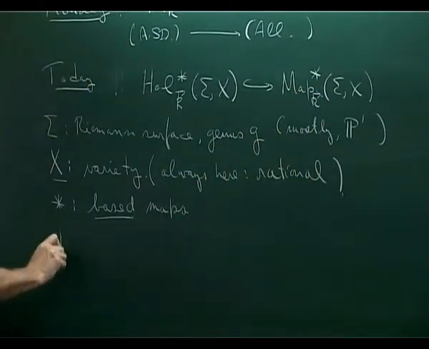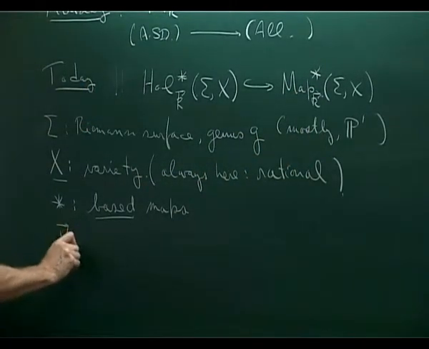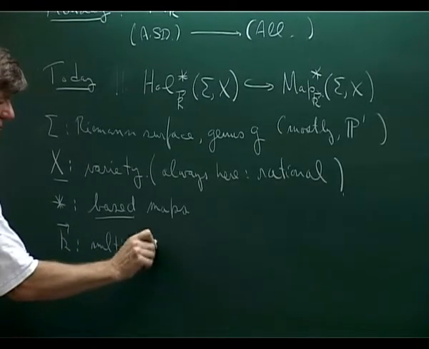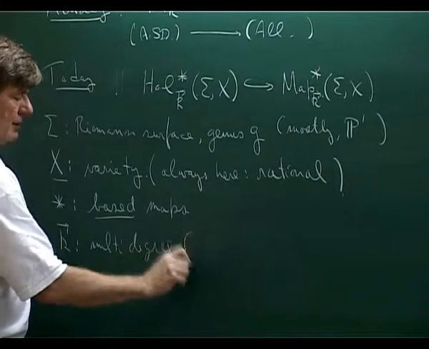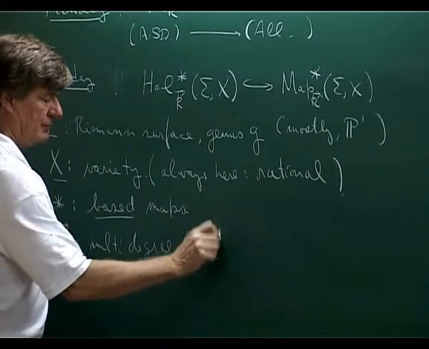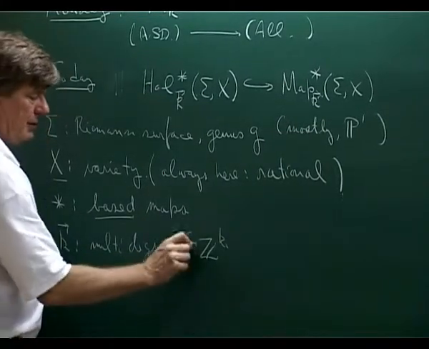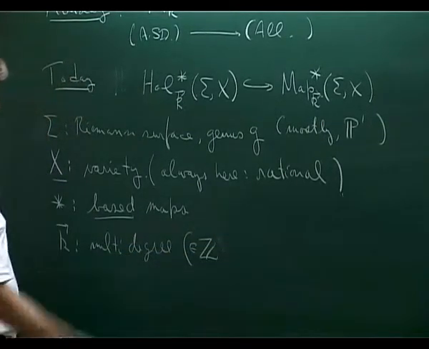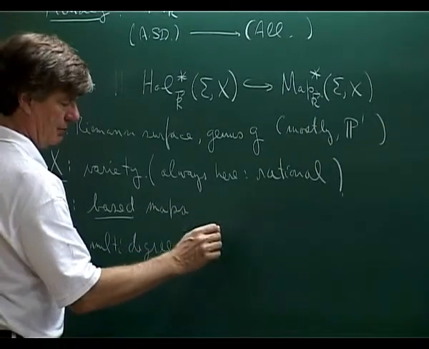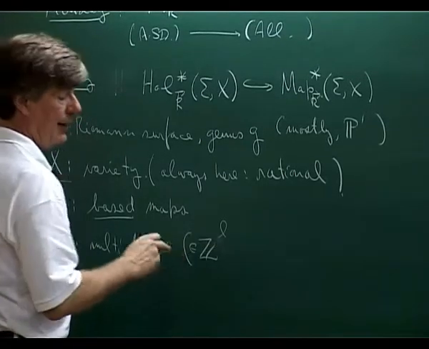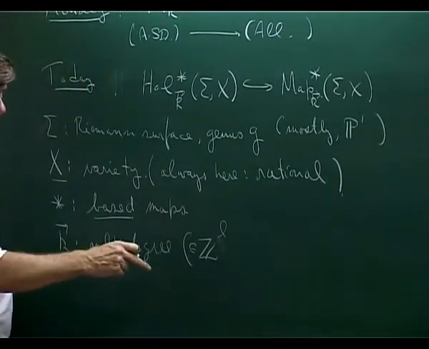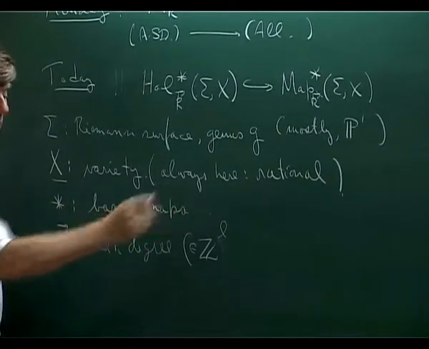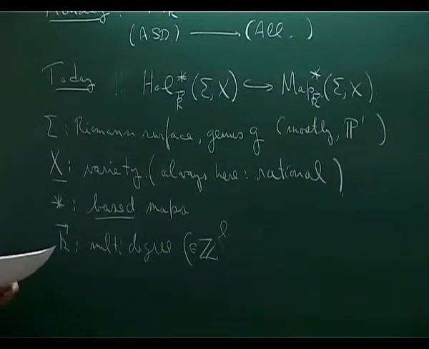K is going to be a multi-degree, typically lying in Z to the L, and in fact the degrees are going to be positive, so it's in the positive L-tuple.